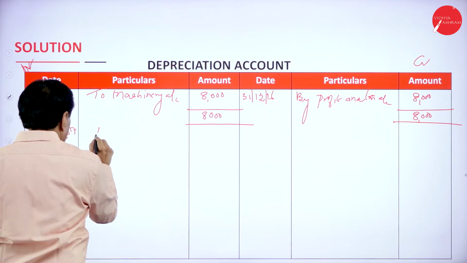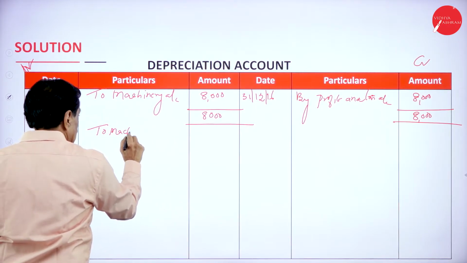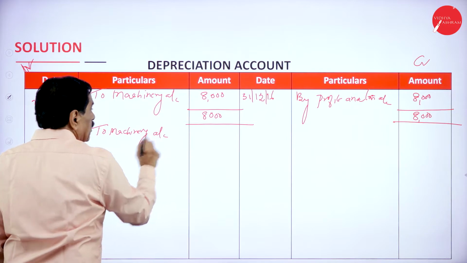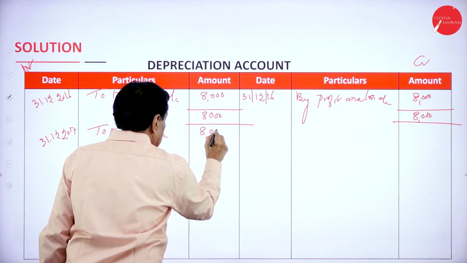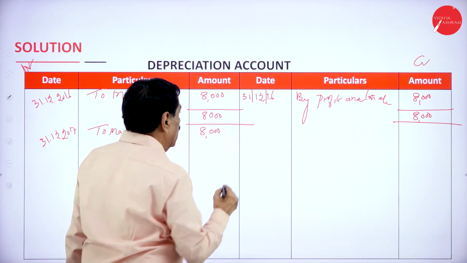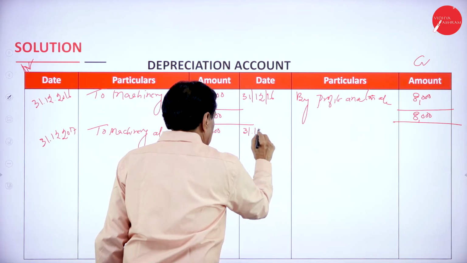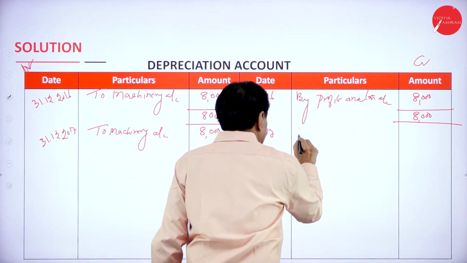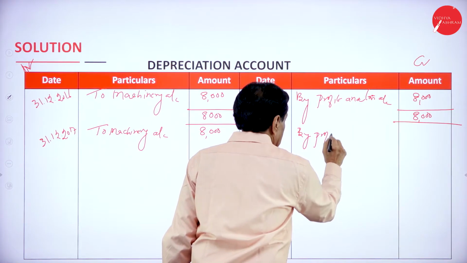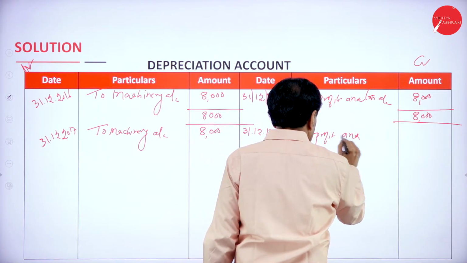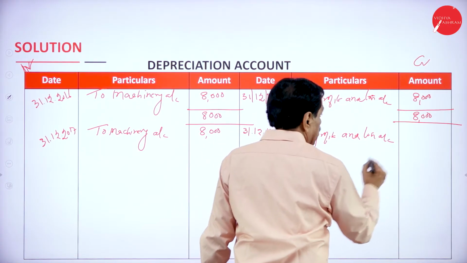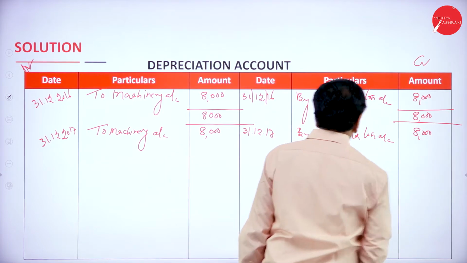To machinery, 8,000. Transfer to profit and loss account, 8,000. Tally.